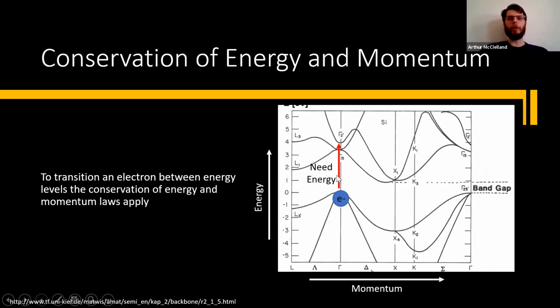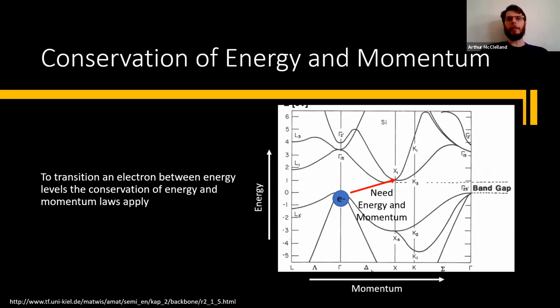If we just do a vertical transition, we need a change in energy, but we don't need any change in momentum. So we need energy to come into the system. That can come in the form of a photon, it can come in electrically, it can come in as heat. But somehow we need to bring energy into the system, and then we can excite the electron from the valence band up to the conduction band.